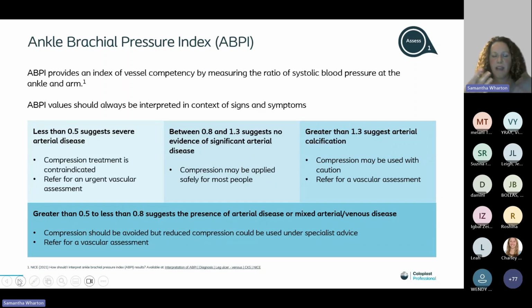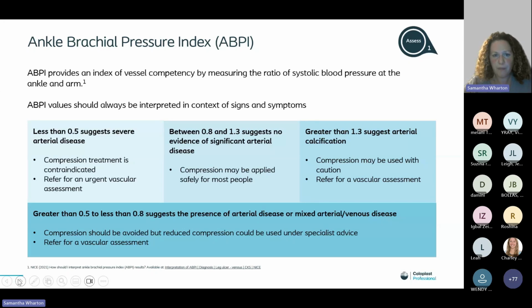That just helps me when I visualize it. So if it's less than 0.5, half the blood is getting down to the leg, that's severe arterial disease. Compression treatment is contraindicated because you can then reduce that blood even more, and you need to revert to an urgent vascular assessment.